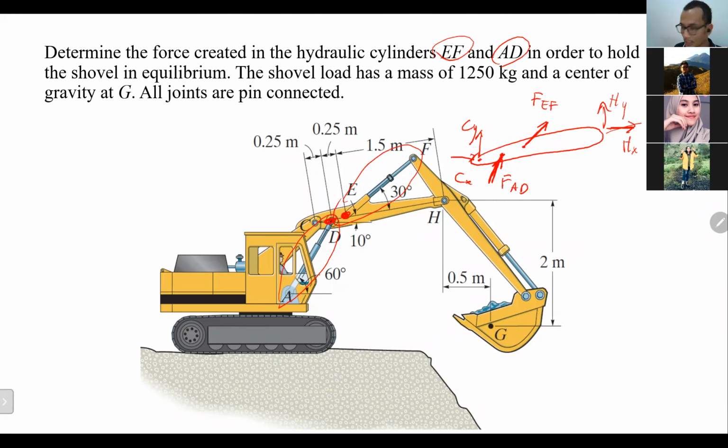That's why, instead of solving CH, we have to solve for FHG first. This is the free body diagram.